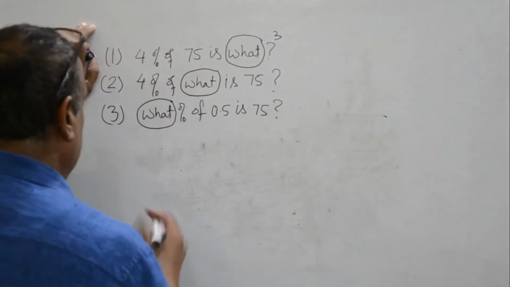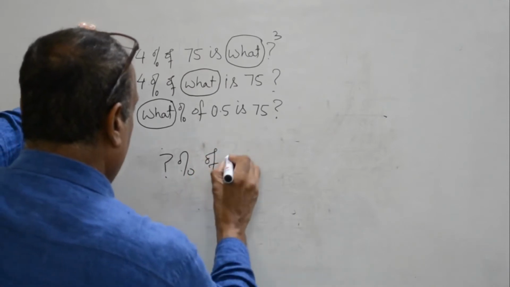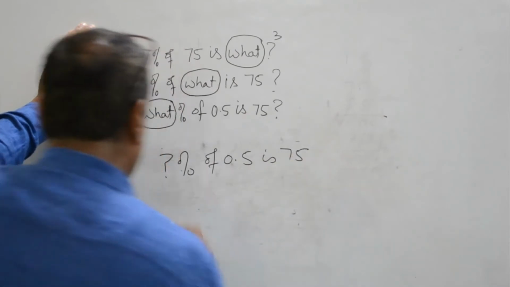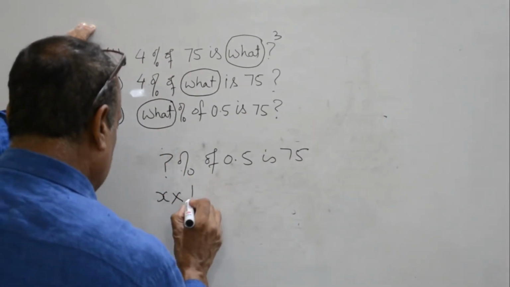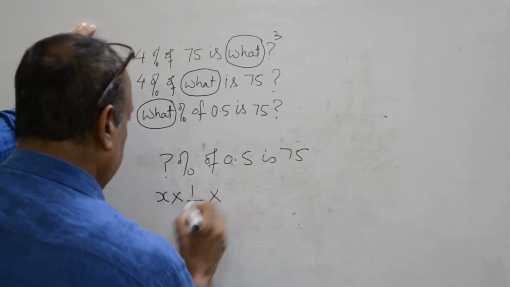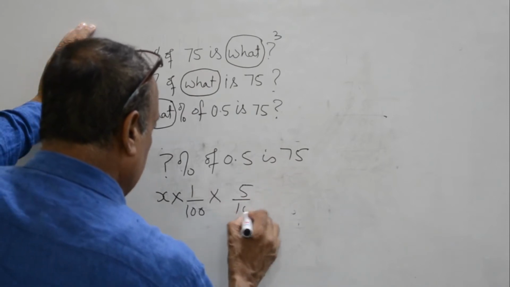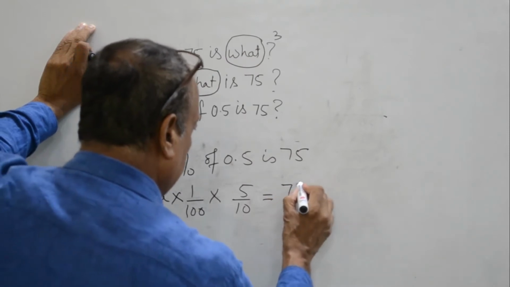Third statement reads, what percent of 0.5 is 75? So question mark is x, percent is multiply it by 1 upon 100, of means multiply, 0.5 means 5 upon 10, is equal to, and 75 is 75.